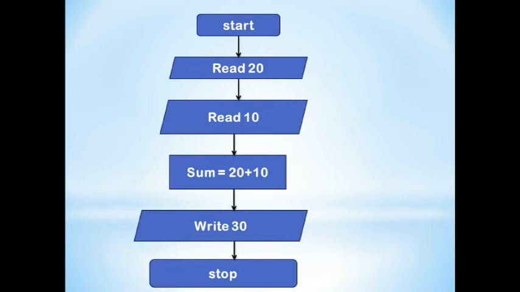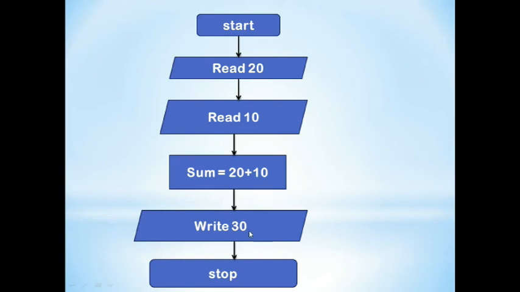So we use the start button to show the starting of the flowchart, and the stop button to show the end point of the flowchart. And in between all these boxes, we use flow lines. You can see the black color arrows, and these are called flow lines. These lines are used to connect different boxes in a flowchart. So flow lines also show the direction of flow of the flowchart.